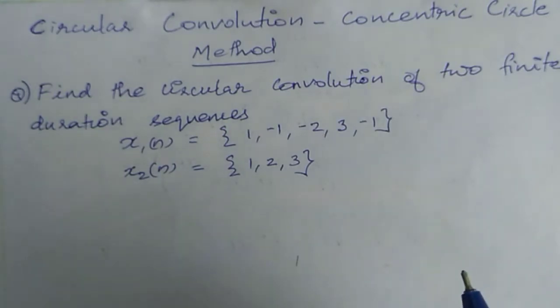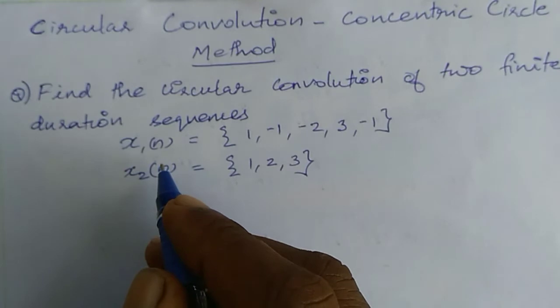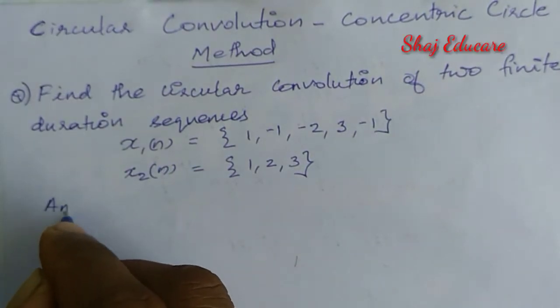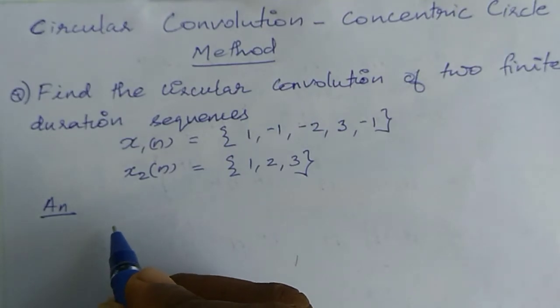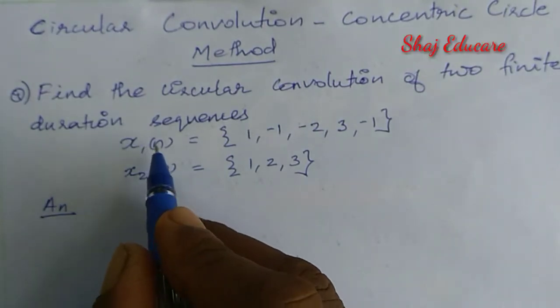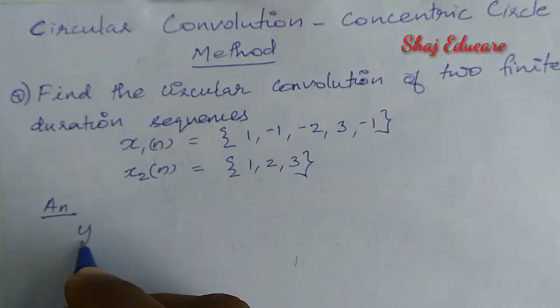That is denoted by x1 of n circular convolution x2 of n, and I'm going to write down the solution. Let us take the circular convolution between x1 of n and x2 of n as y of n.